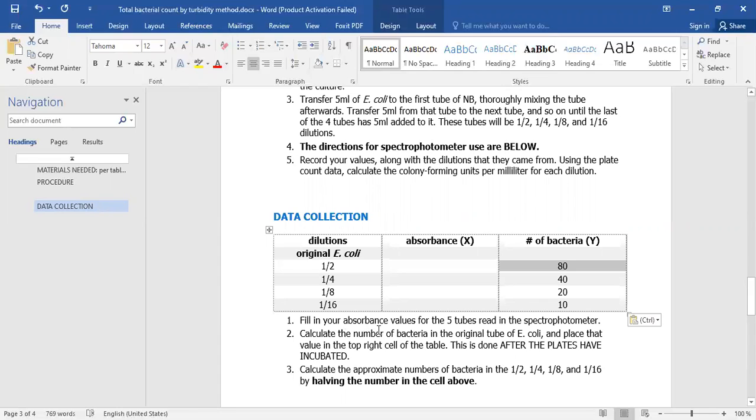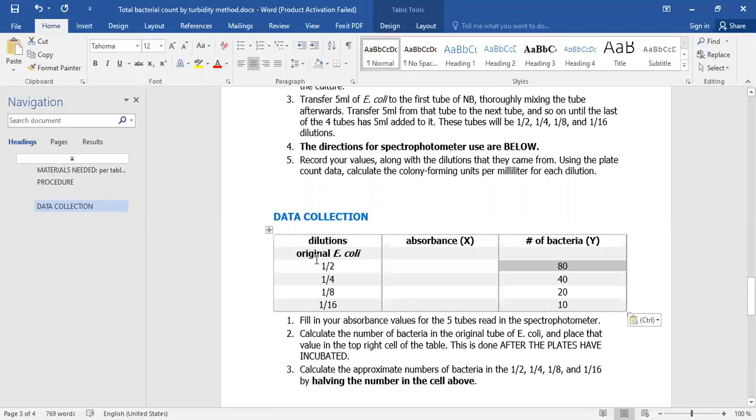More bacteria means the food material is worse, and the fewer the bacteria, the better the food material. According to this, we want to analyze the data.